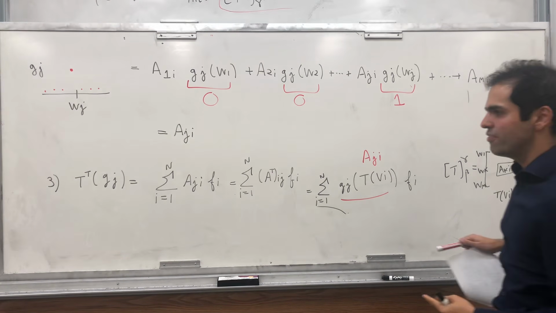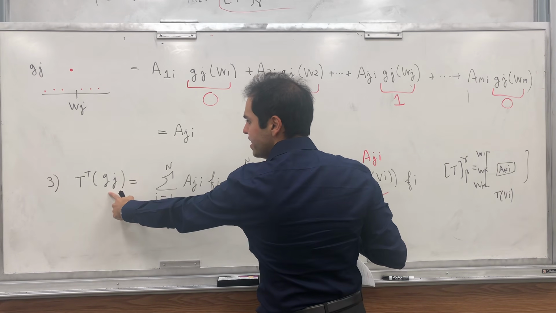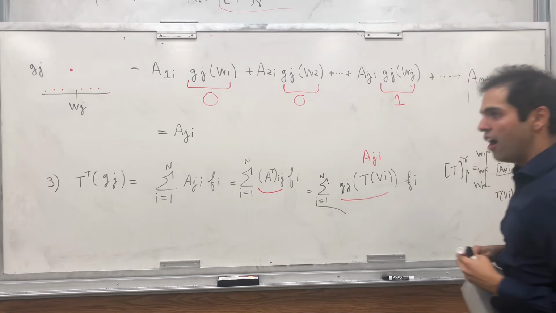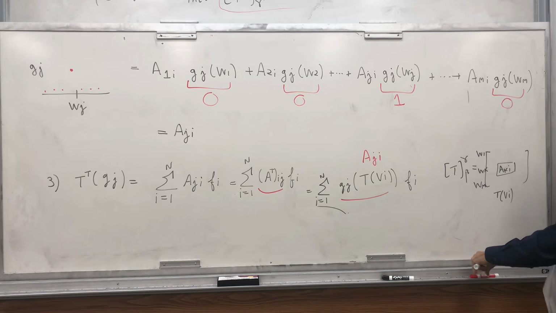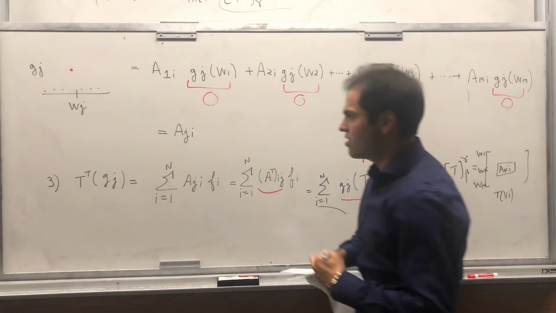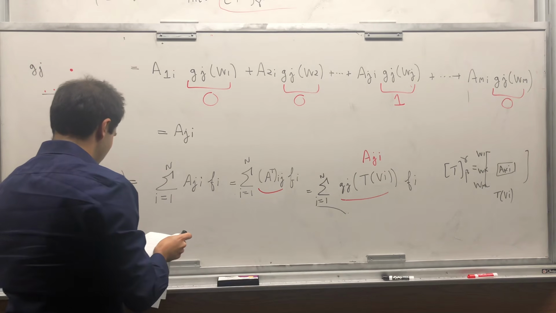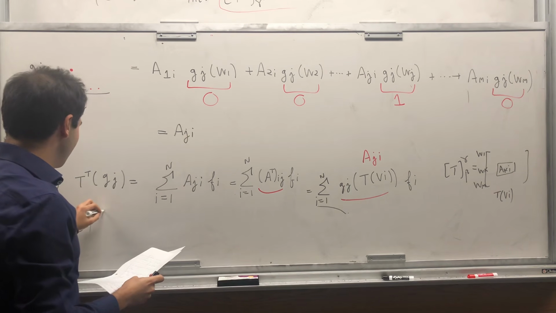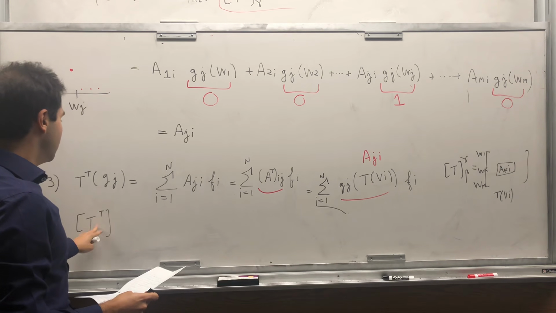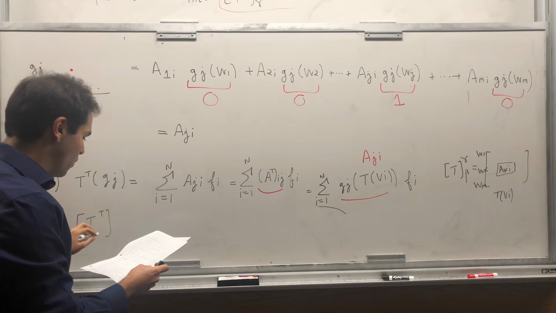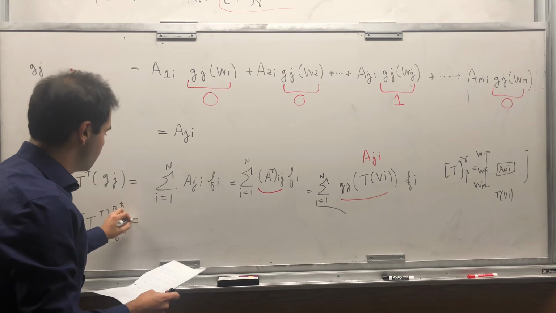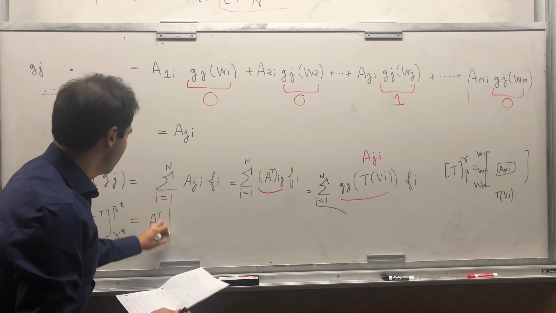Precisely the definition of a matrix. You evaluate T transpose at your input vectors, you express it in terms of your output vectors, which tells us that the ijth entry of the matrix of T transpose, I'm almost done, so this is like time for me to stop. What this is telling you is in fact the matrix of T transpose from gamma star to beta star is precisely A transpose.